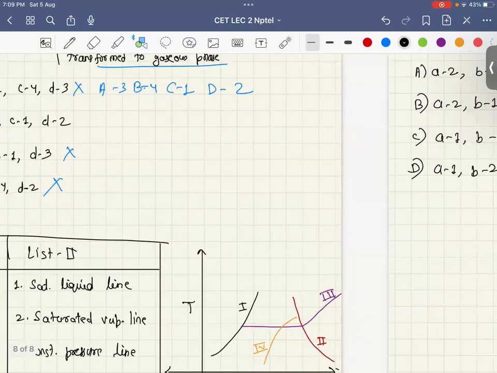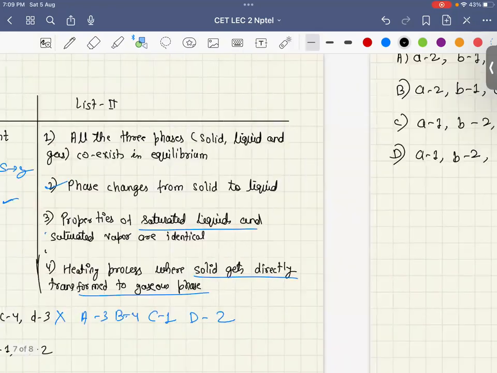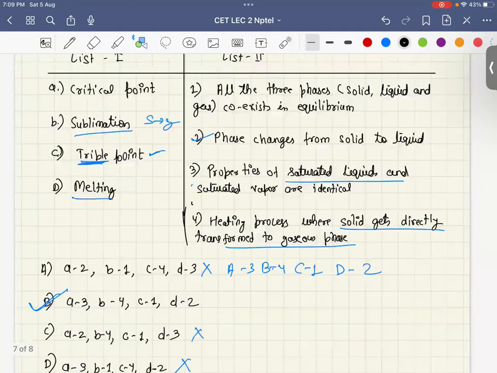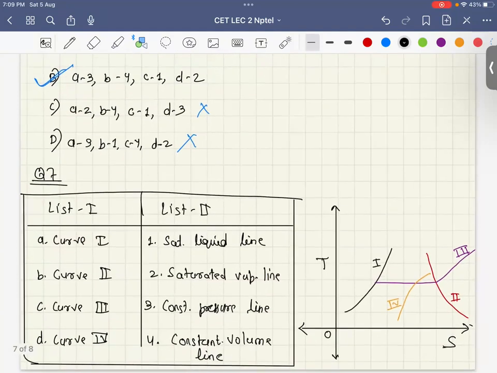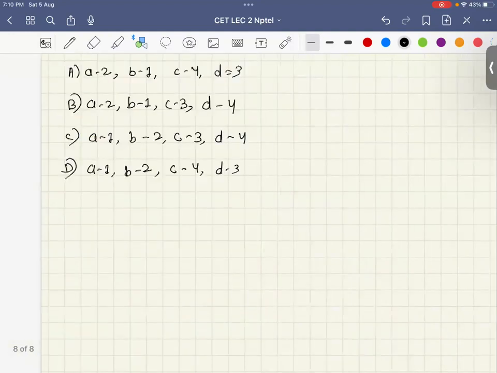These are the options. You can write down the options as well.